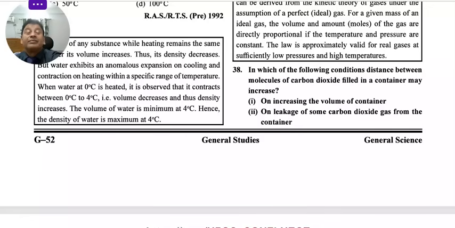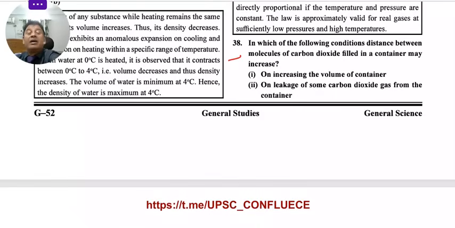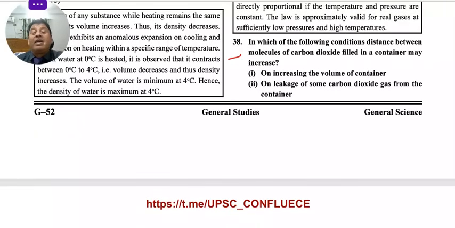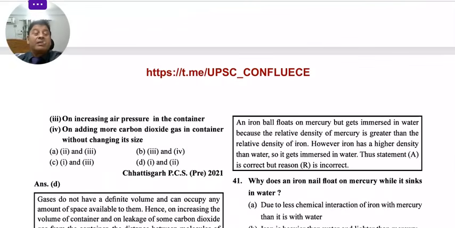Now come to this one. In which of the following conditions distance between molecules of carbon dioxide filled in a container may increase: on increasing the volume of container, on leakage of some carbon dioxide gas from the container, on increasing its pressure in the container, on adding more carbon dioxide gas in container without changing its size, right?